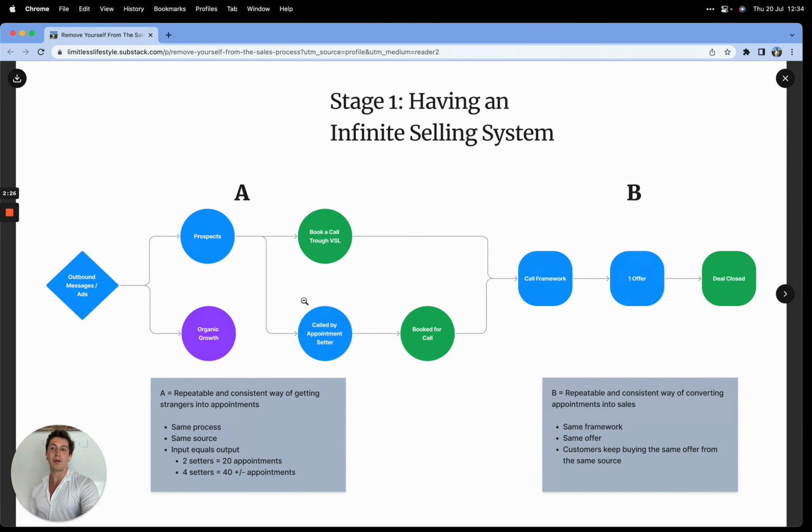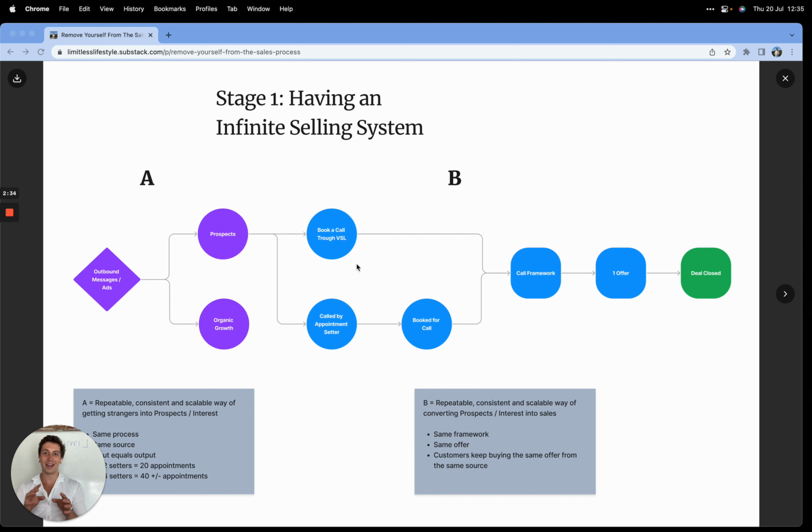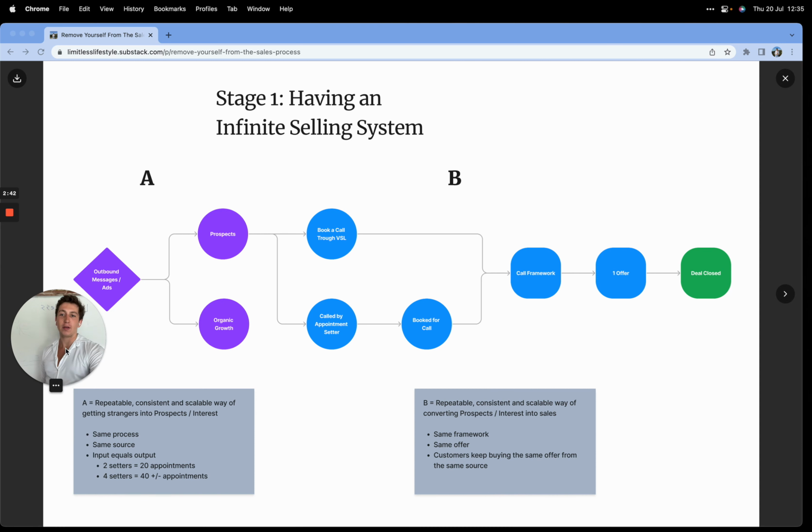And the first component is A. And this is a repeatable, consistent, and scalable way of getting strangers into prospects or gaining interest.